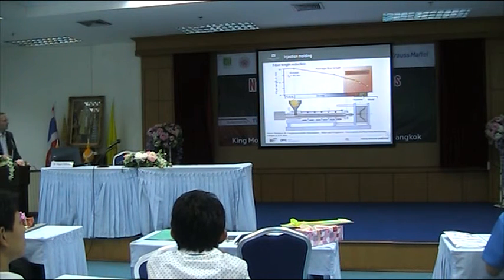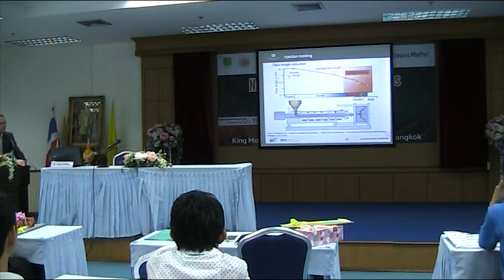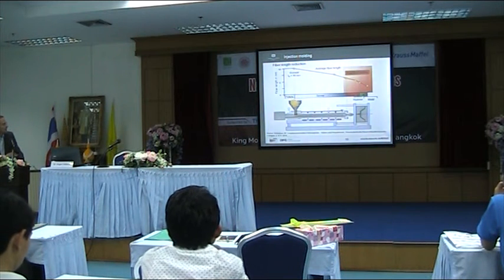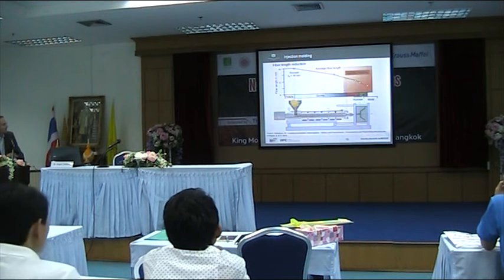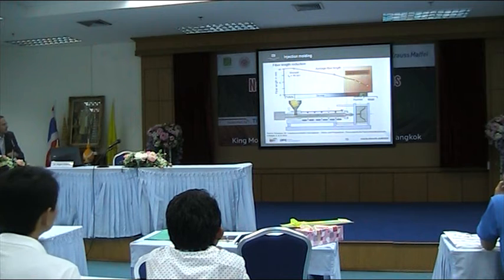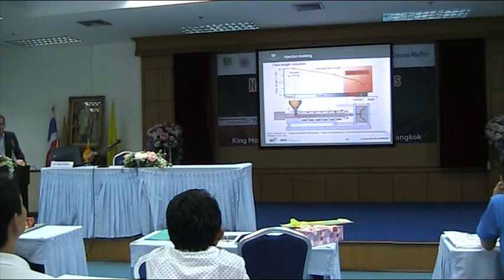So, one big issue when you are looking at the injection molding process is the fiber length reduction. Looking here at it, I think it's clear. In a typical injection molding, you have pellets. These are still chopped pellets with fibers inside.